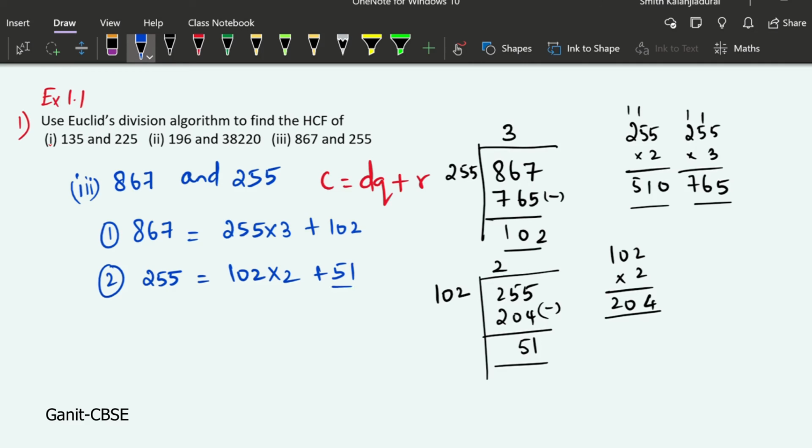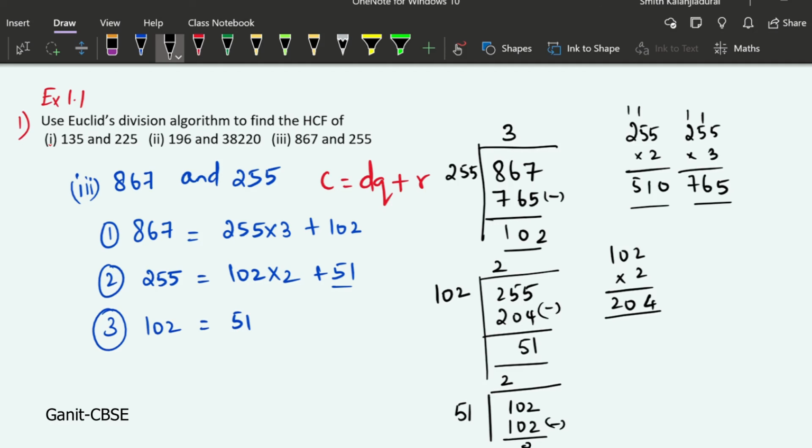Still we didn't get the remainder as 0. We'll continue the step. 102 on the left hand side, 51 on the other side. Again, division. 2 times 51 will be 102. The remainder is 0.